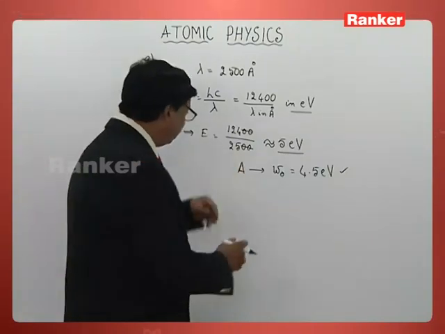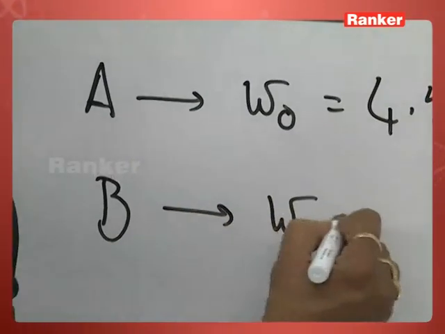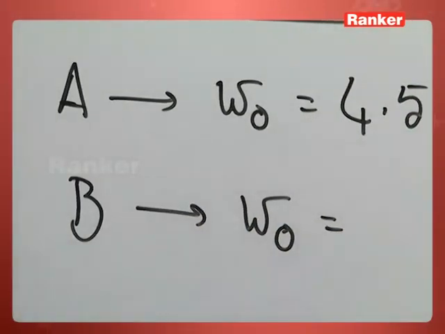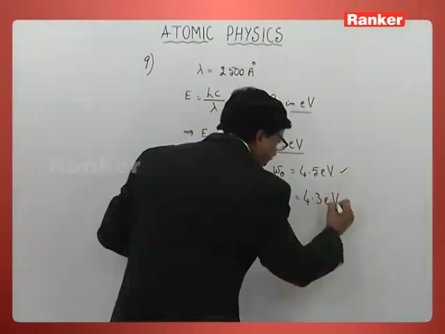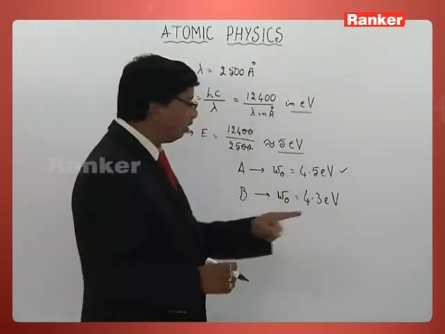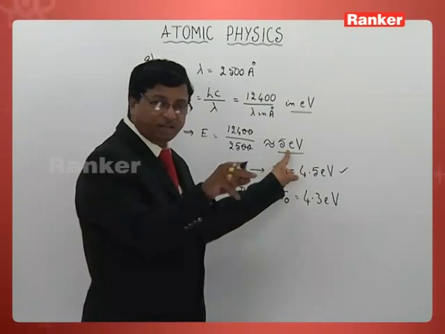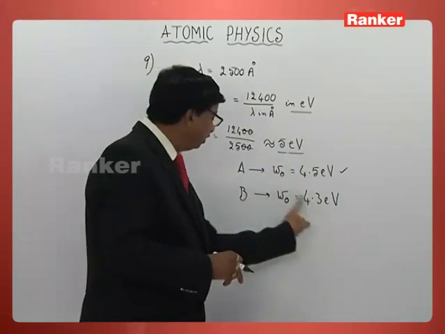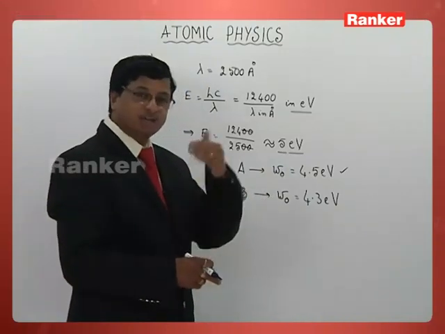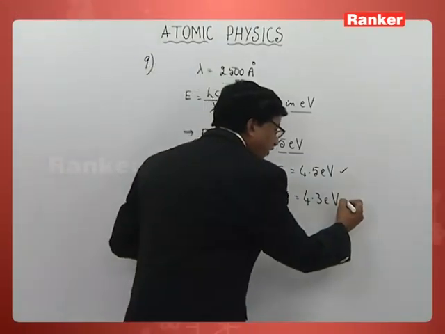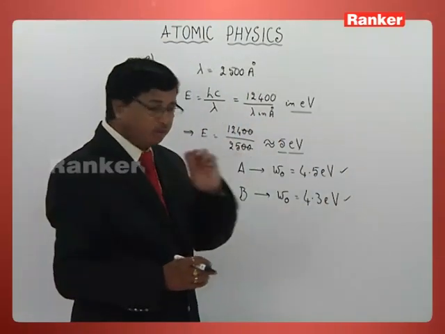Now, check the second one. For the second metal B, what is the work function he has mentioned? 4.3 electron volt he gave. Once again compare the value. The energy of the incident photon is again greater than the work function of the second metal also. That means from the second metal also, photoelectrons can be emitted. And what about the third?